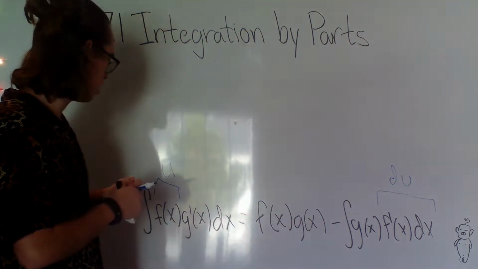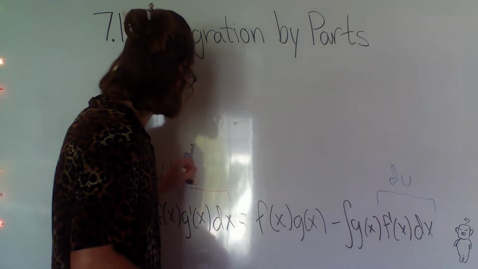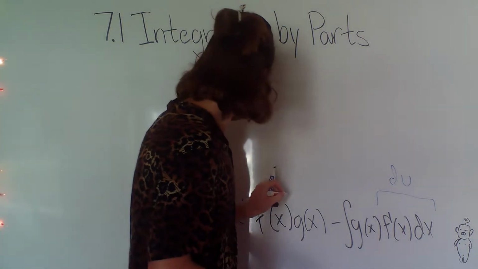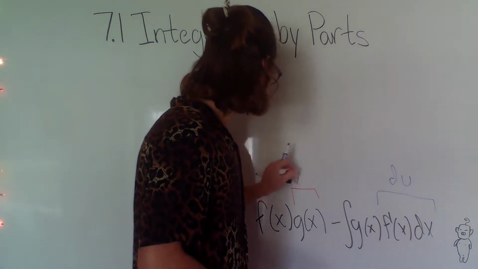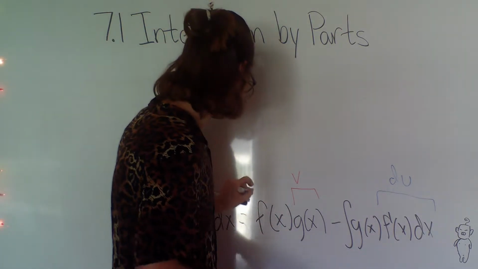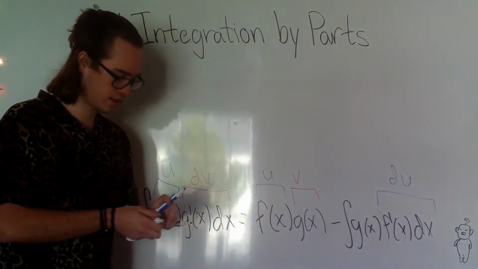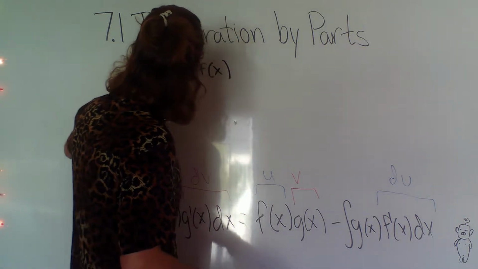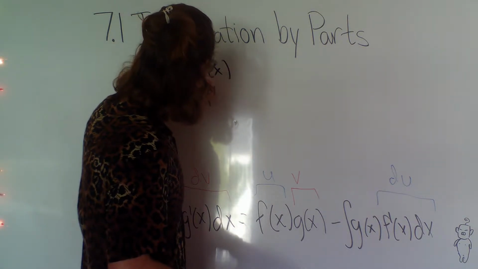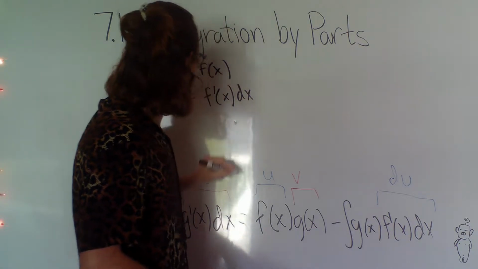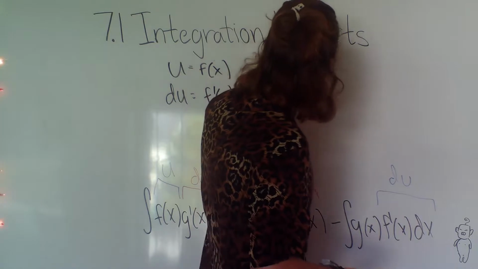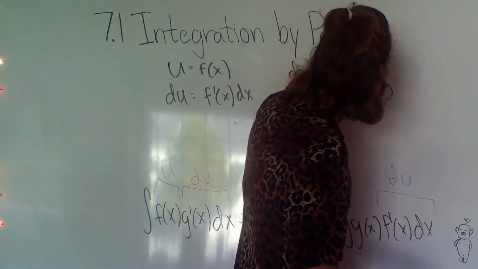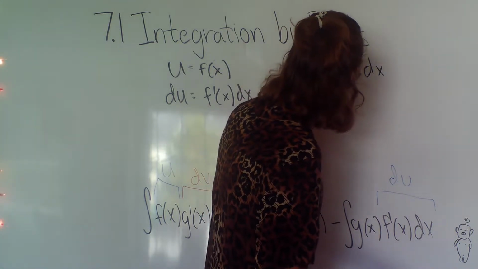Then dv is going to be equal to g'(x) dx, and v is going to be equal to g(x). So u is equal to f(x), du is equal to f'(x) dx, dv is equal to g'(x) dx, and v is equal to g(x).